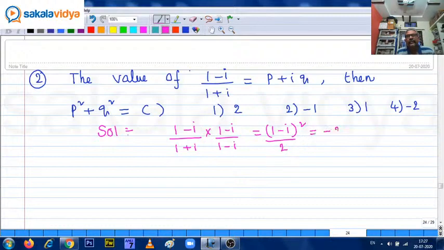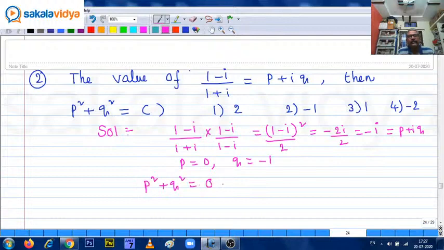This will be -2i upon 2, so actually you will be getting minus i. You compare with p plus iq. This is purely imaginary, that means the real part p is equal to 0, and the imaginary part q is equal to -1. What we are asked: p square plus q square, 0 square is 0, (-1) square is 1. So the answer is 1.